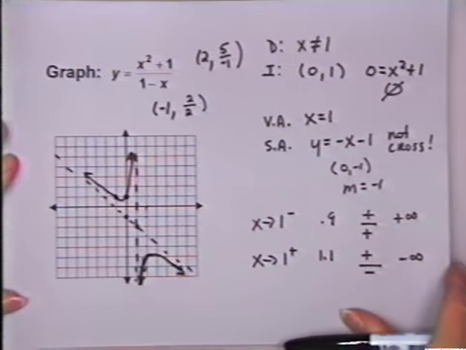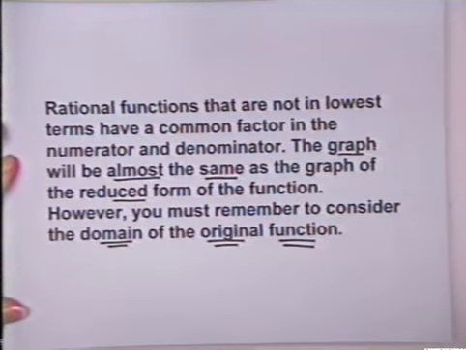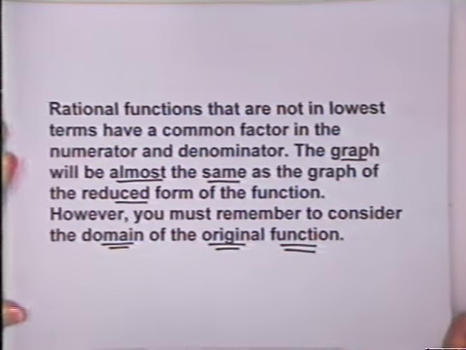Okay, we have one more little topic. Rational functions that are not in lowest terms have a common factor in the numerator and denominator. The graph will be almost the same as the graph of the reduced form of the function. However, you must remember to consider the domain of the original function.